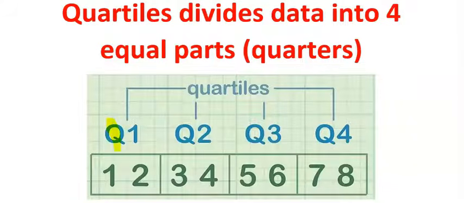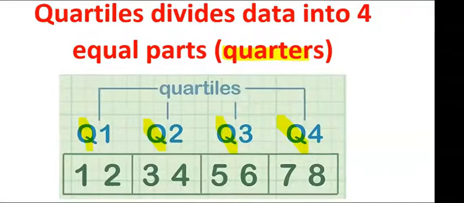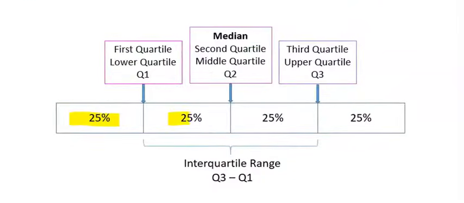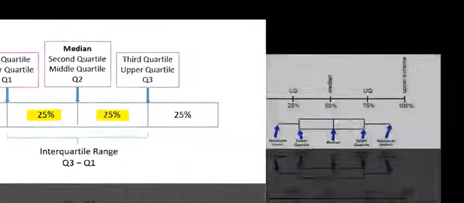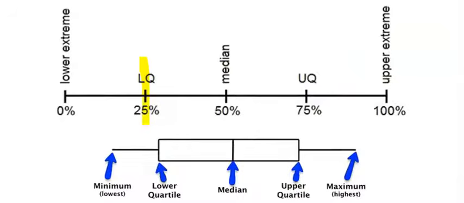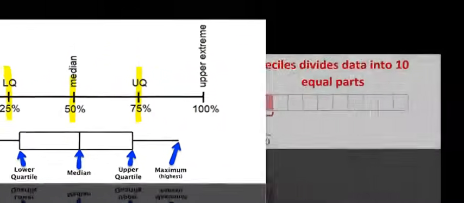The Q used in the formula usually denotes quarters, and each quarter is 25%. After the first 25%, which is the lower quartile, the next 25% is the 50th percent, which is the median, and the next 25%, which is the 75%, is the upper quartile.